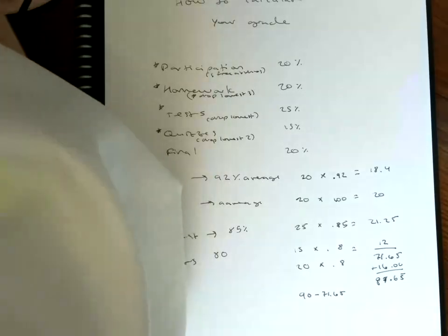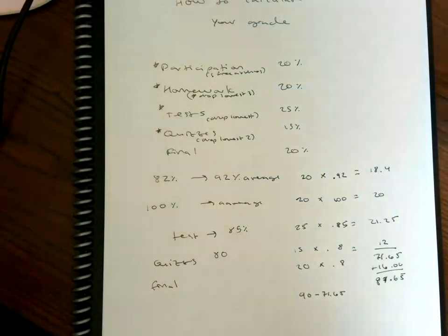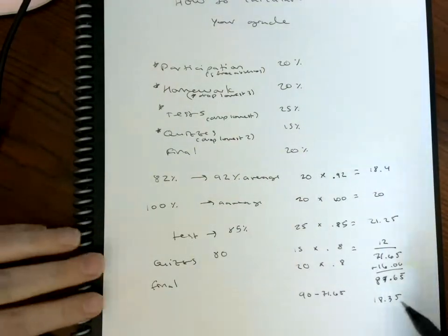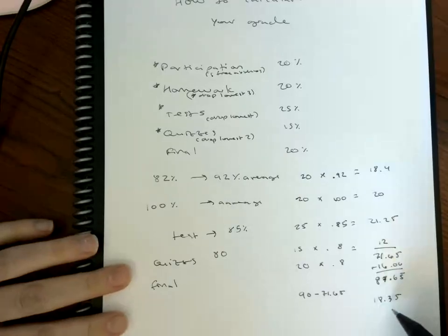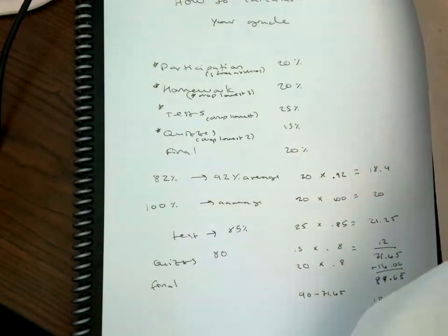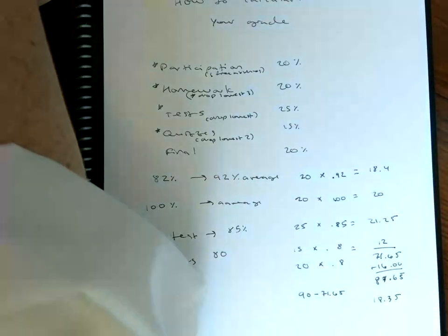90 minus 71.65. They would need 18.35 points to get an A in the class. So then you'd have to sort of do the math of if your final is worth 20%, what is 18 divided by that?